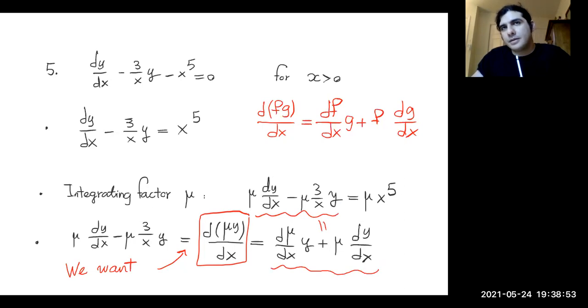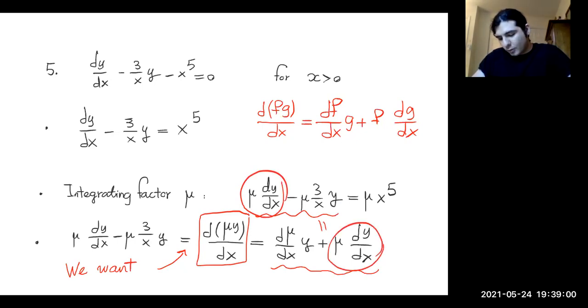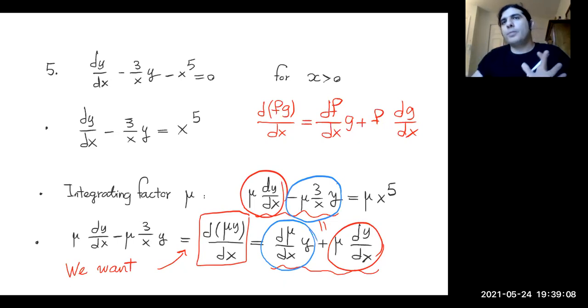right? And that tells me, since this thing here is equal to this, if they want to be equal, this thing here in the blue circle should be equal to this one. So I'm hoping that I can find the function mu such that minus mu 3 over x y is equal to d mu dx y.